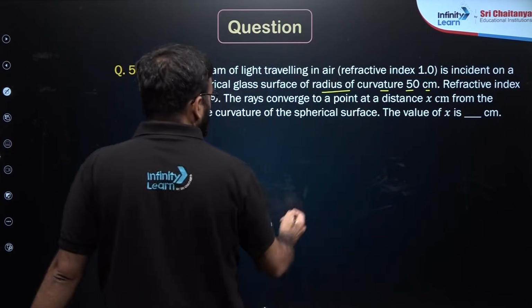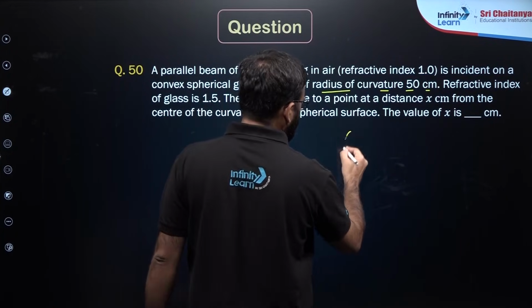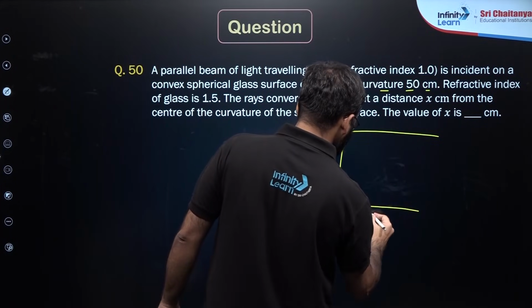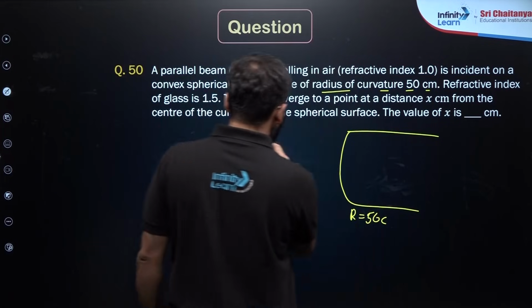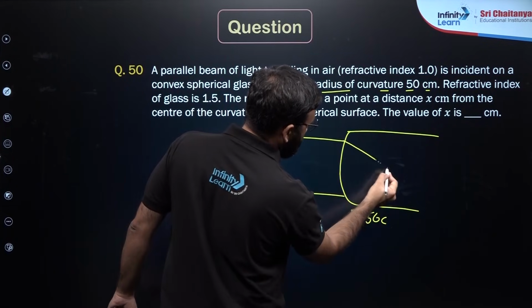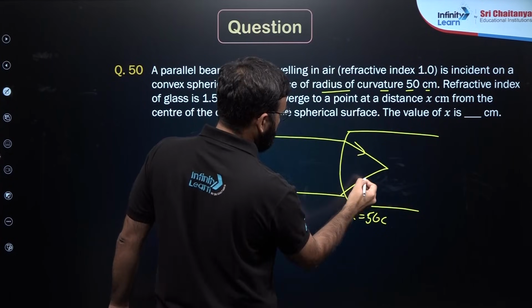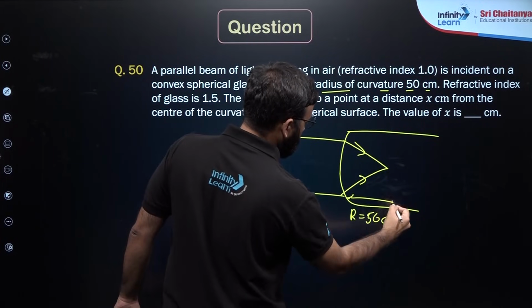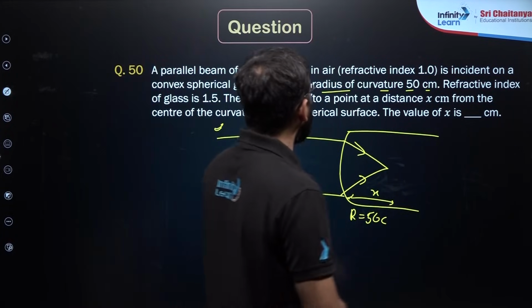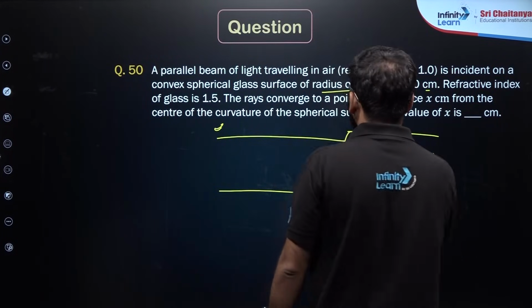Okay beta. The light is coming from infinity, the refractive index of this one is 1.5 and it is 1.